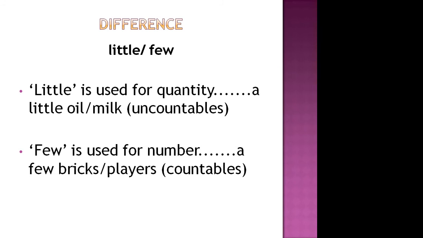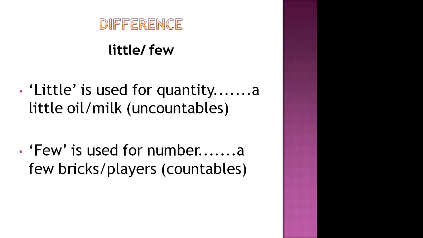Oil can be counted in liters, or teaspoon of oil or tablespoon of oil. You are counting the tablespoon, not oil in that. Remember. So oil, milk, all the pulses, rice, flour, these are all uncountable items.